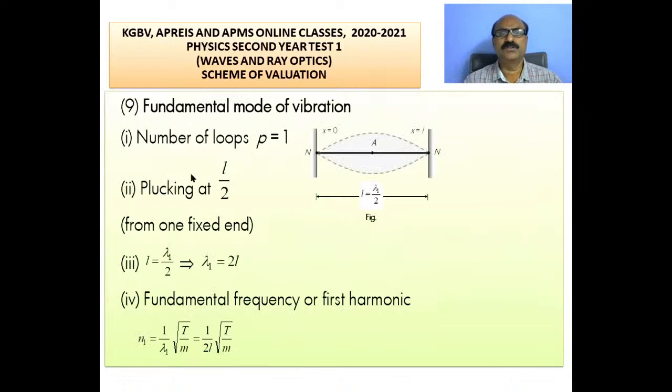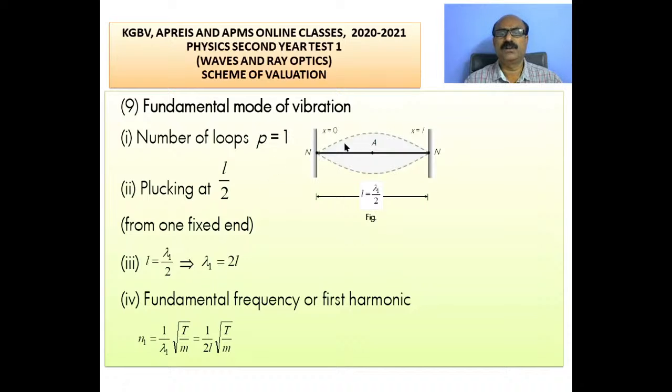See the first mode of vibration, fundamental mode of vibration. So in this first mode, when you pluck the center, number of loops is equal to 1, plucking at L by 2. L by 2 means half of the length, at this midpoint from one fixed end.